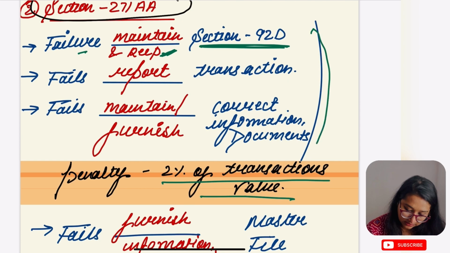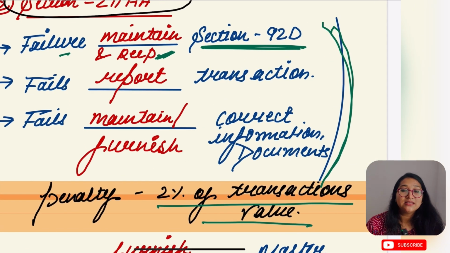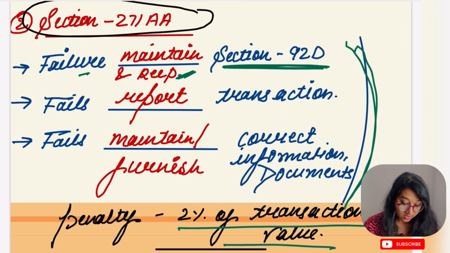In these three cases, so let me say it again. In case the SSC have failed to what? Maintain and keep the information documents as per section 92D, in that case the penalty of 2% of transaction value is to be paid by the SSC under section 271AA.